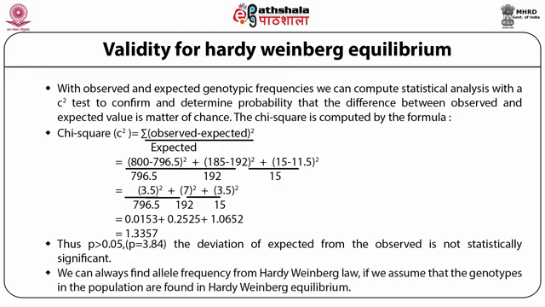We can always find the allele frequency from the Hardy-Weinberg law if we assume that the genotypes in the population are in Hardy-Weinberg equilibrium. This is how we test whether the population is in Hardy-Weinberg equilibrium or not.